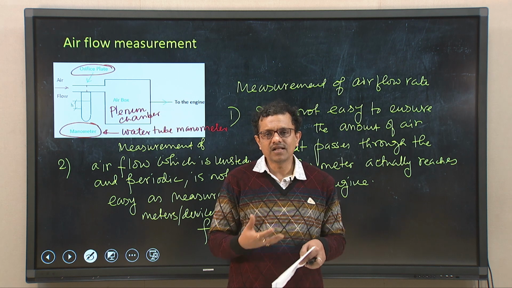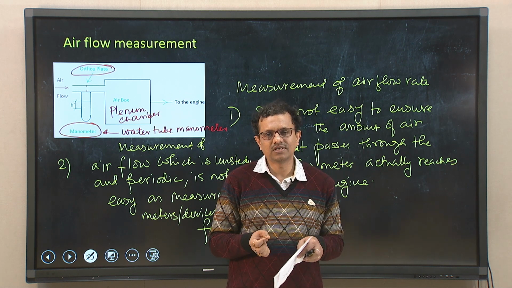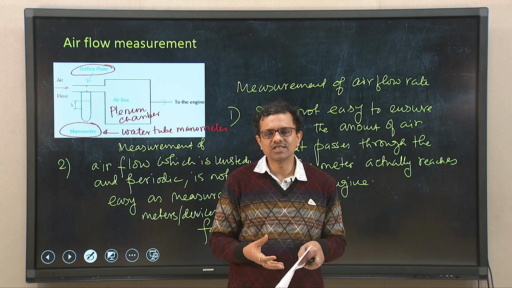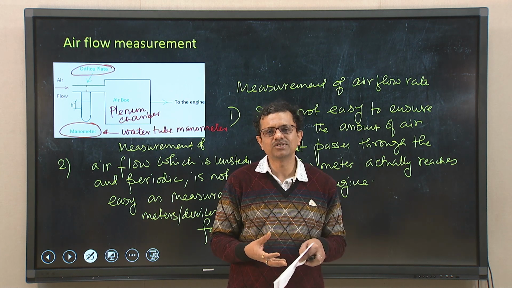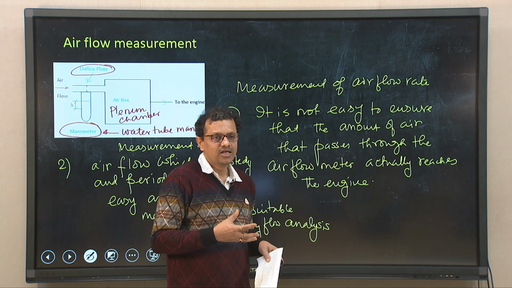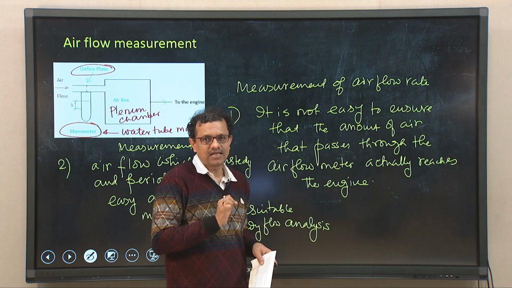But on the other hand we should measure air flow rate correctly, because then only we can ensure whether the air fuel ratio is stoichiometric or not. So, the practice should be to measure the fuel flow rate correctly.